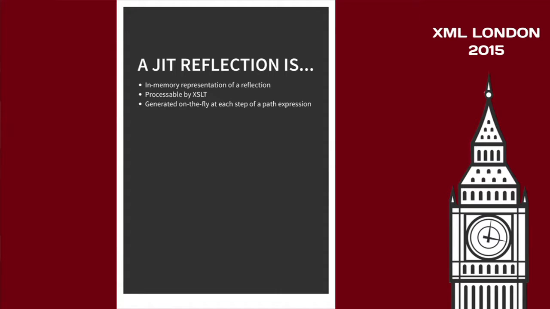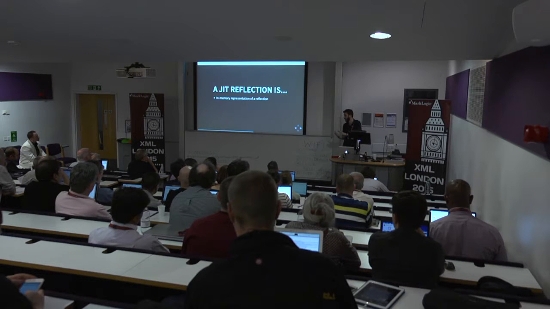But to overcome this limitation, you can use just-in-time reflection. So what's that? Just-in-time reflection is, first of all, an in-memory representation. So you don't actually need to write a new XML file with your reflection. It's in memory. Second, of course, it has to be processable by XSLT.